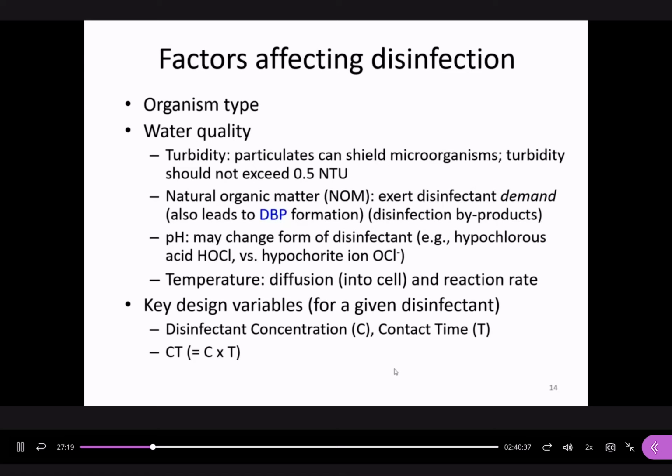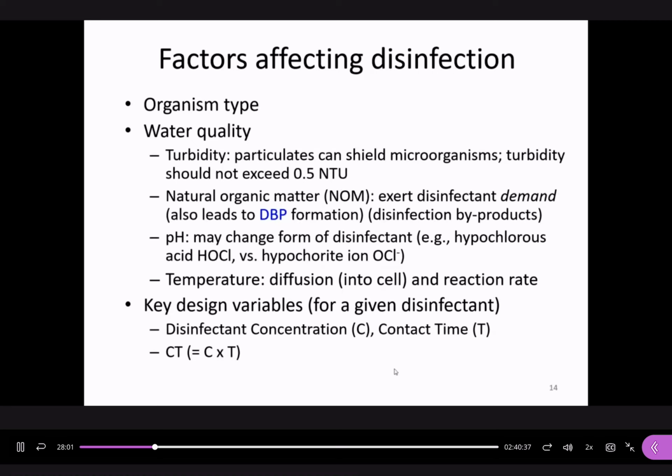NOM is a very hot, popular topic. There are perhaps thousands of papers published every year on the reaction of NOM and different disinfectants, leading to DBP formation, disinfection byproducts. We will see what kinds of DBPs there are and their adverse effects.